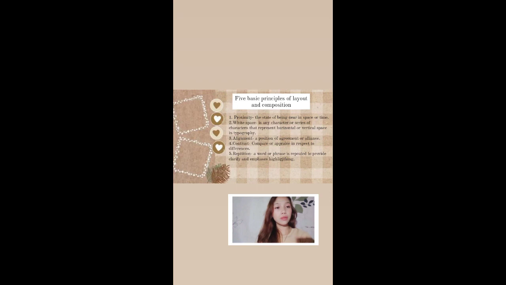Layout and composition are the building blocks of design. They focus on the arrangement of your objects or elements in your design. There are five basic principles of layout and composition. One, proximity. Proximity is the state of being near in space or time. Two, white space.